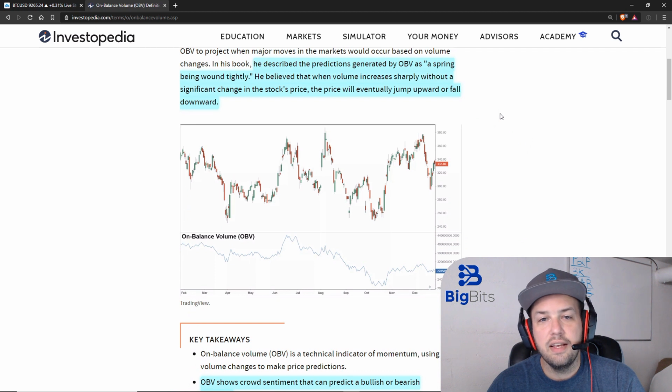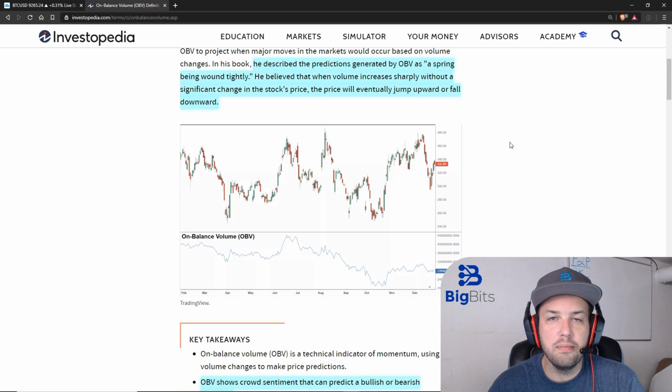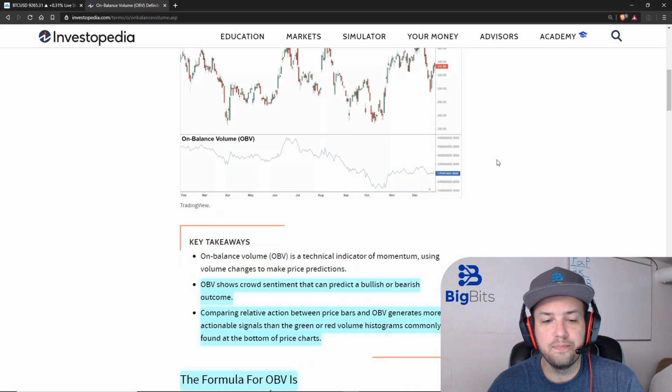The reason he created this was because he believed that you can anticipate large moves from the big money, like institutional investors, because there will be divergences from the price action on the chart and the OBV trend. So you'll be able to notice when things sort of come to a stall or begin to break out in a different direction than what you would expect based on the price action.